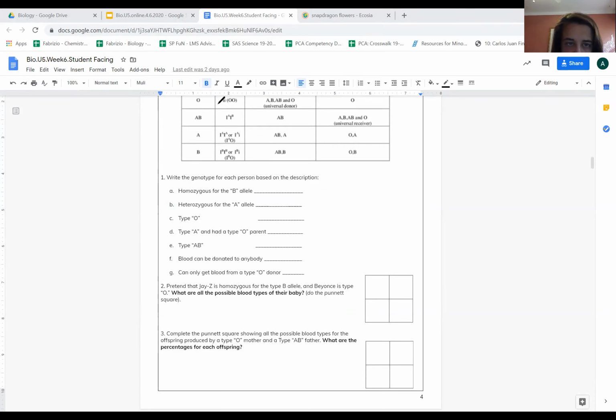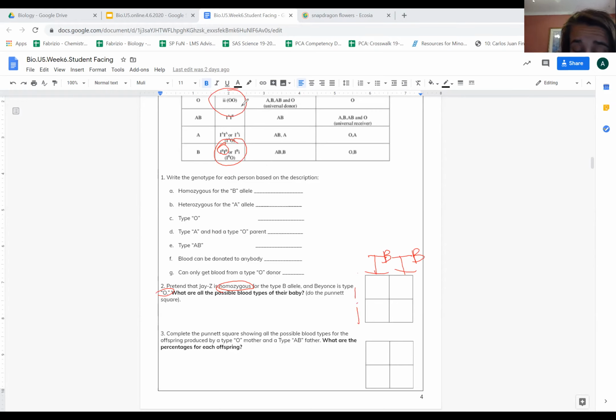If we look up the type B allele, he's homozygous. So remember, Jay-Z is homozygous for this B allele. We see that the B allele for homozygous is only this uppercase I with the superscript B, uppercase I, superscript B. And then Beyonce is type O. The only possible genotype for O is up here, lowercase i, lowercase i.